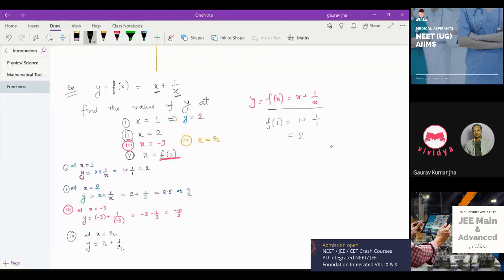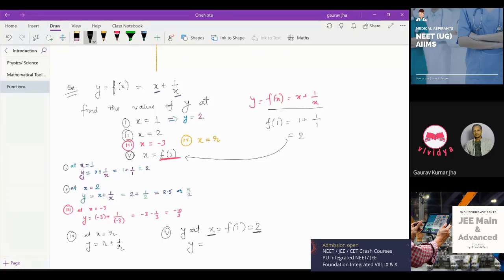So we substitute this value here. The question says find the value of y at x is equal to f of 1, which means at x equal to 2. Then what is the function? Think of it like this: f of 1 plus 1 by f of 1. You can write it like this or directly use the value 2, no problem. Now we have understood at what x they want the value, and that is actually 2.